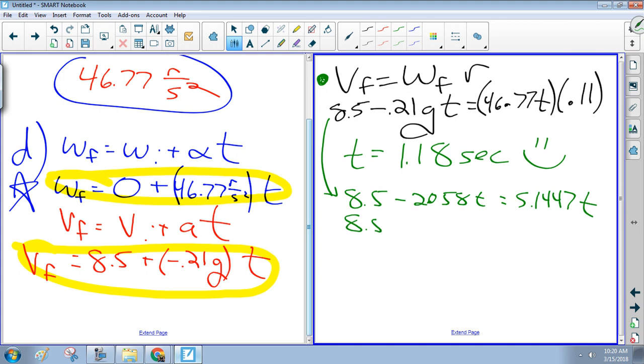So add, yeah, this should work. Gotcha. Positive because we're gaining angular speed.